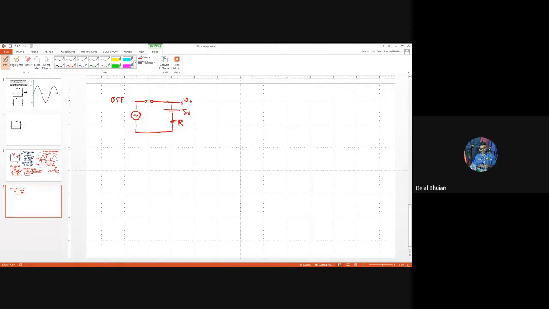Now, since the diode is off, no current is flowing. I is 0. So it will be the V0.